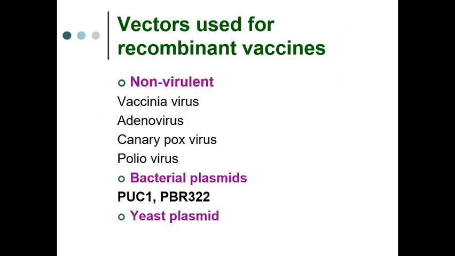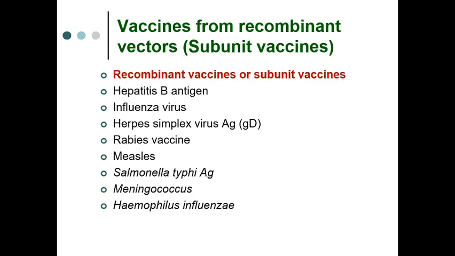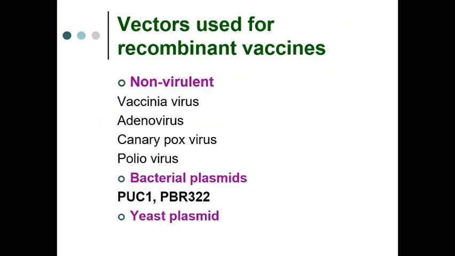So, coming to the vectors that have been commonly used for the production of vaccines against the listed viruses and bacteria, as shown in the slide. The vectors were vaccinia virus, adenovirus, canary pox virus, and poliovirus.